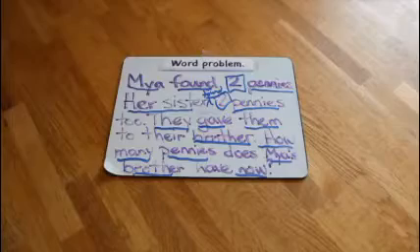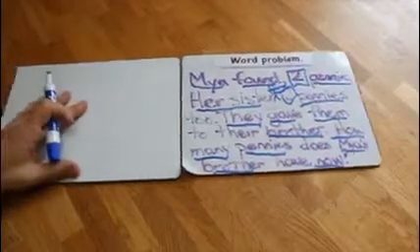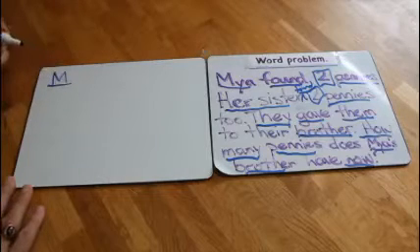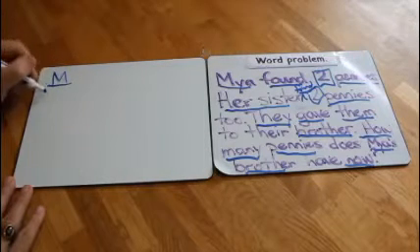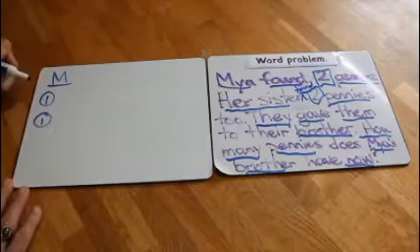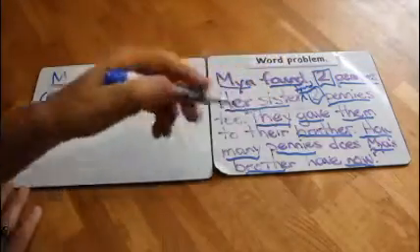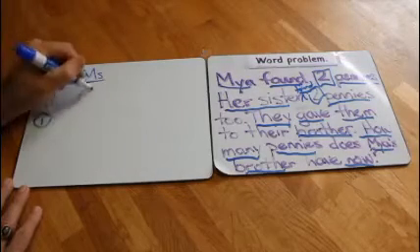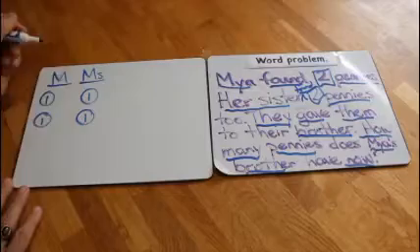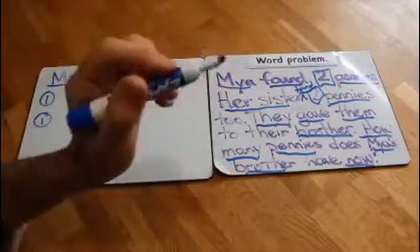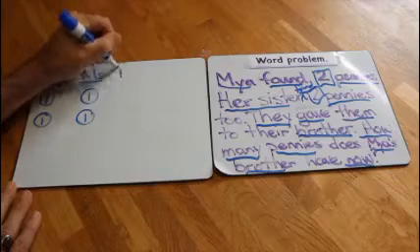Okay? So, let's start off. So, here we have Maya. She found 2 pennies. So there's 1, 2. Her sister found 2 pennies too. So here's Maya's sister. She found 2 pennies too. So now they both have 2 pennies. They gave them to her brother. So here's Maya's brother.